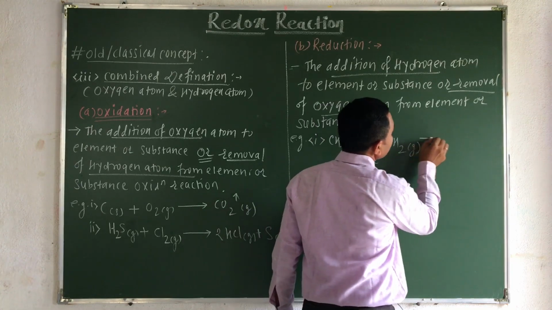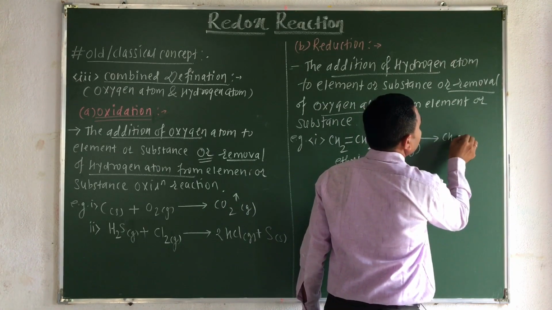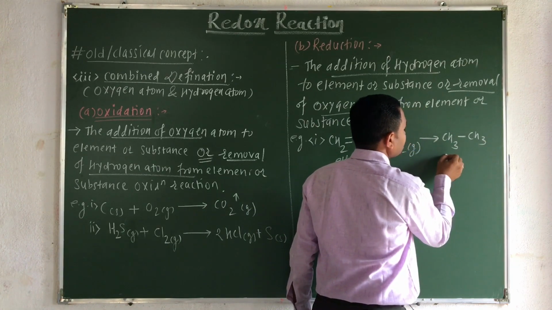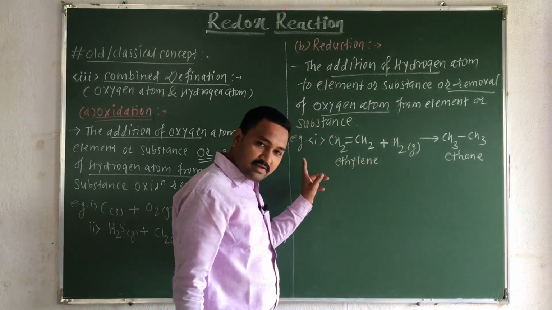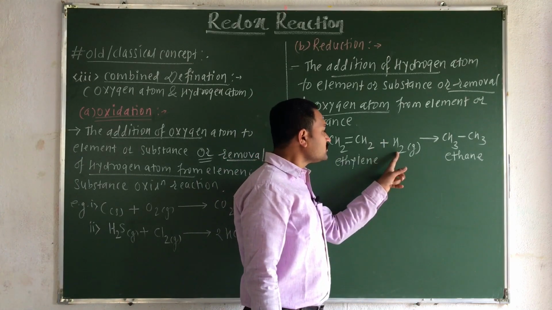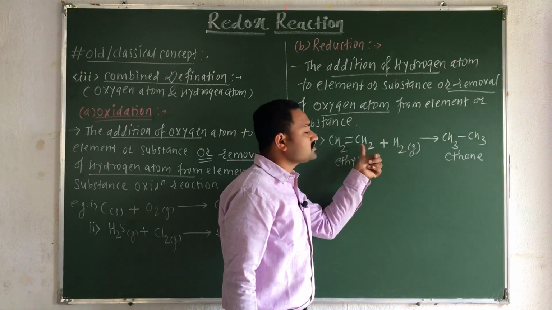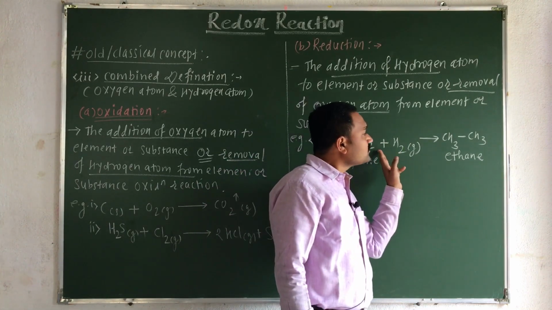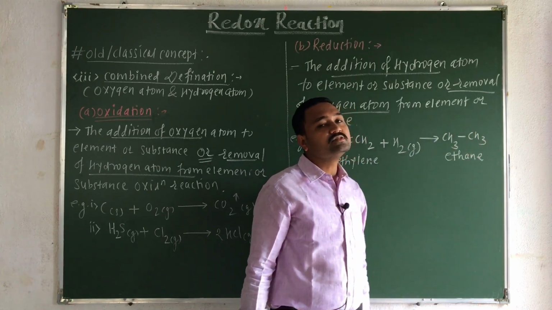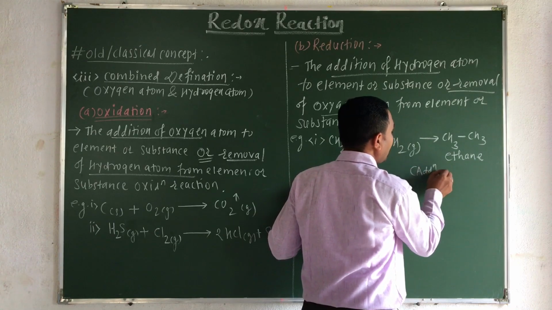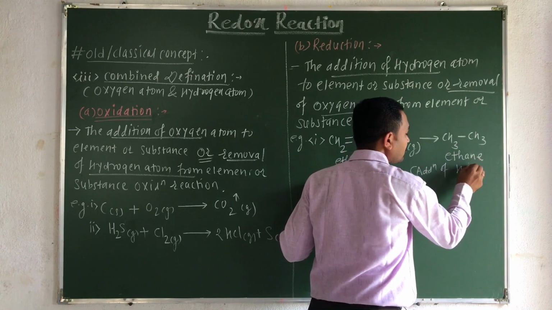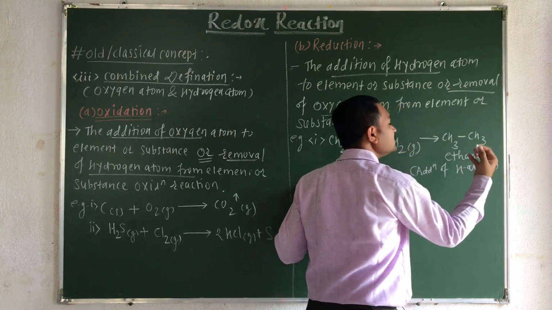Now this gives ethane. In this particular reaction, two hydrogen atoms are added across the double bond. As the hydrogen atom is added, this reaction is called a reduction reaction. So here there is addition of hydrogen atom, hence this reaction is a reduction reaction.